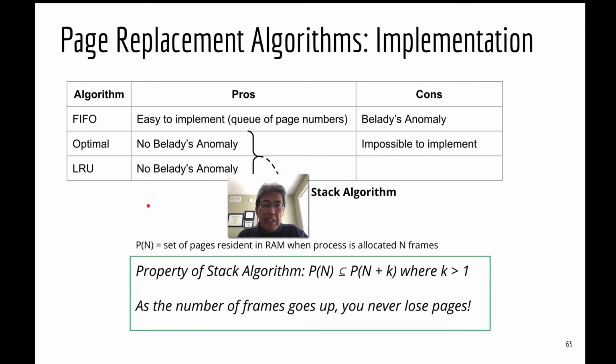So what is the practical implication of this property? That means as we increase our frame allocation from n to a bigger number, we never lose any pages. So this is a good thing about stack algorithms.